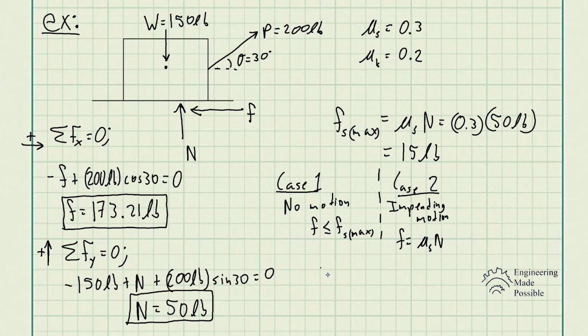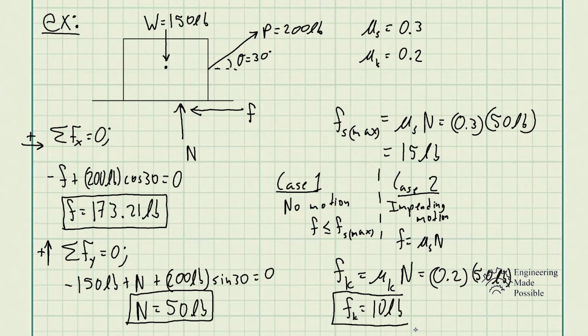That means the equation we need to use to solve for the frictional force is the kinetic frictional force, which is the coefficient of kinetic friction times the normal force. So the actual frictional force at the surface is the kinetic friction, which is 10 pounds.